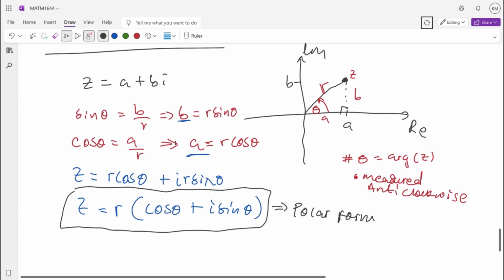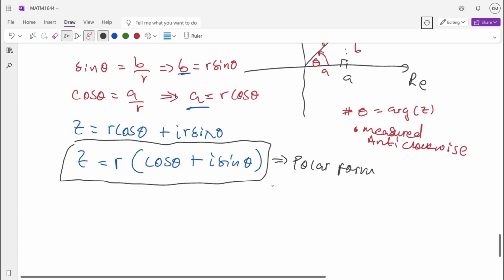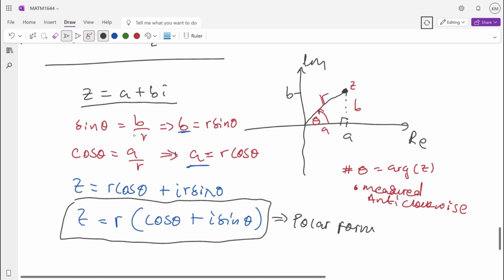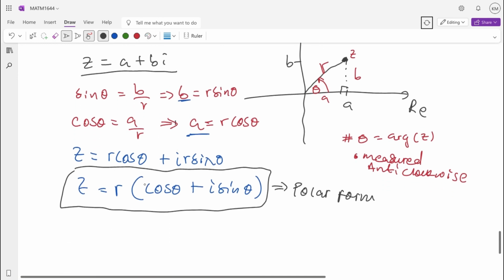Now let's see if we can use this equation to convert from the standard form. Say you are given z in standard form, and they want you to write it in polar form. Let's look at an example where we can do that.